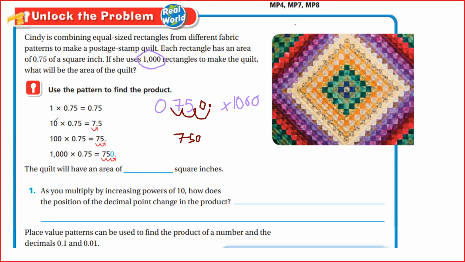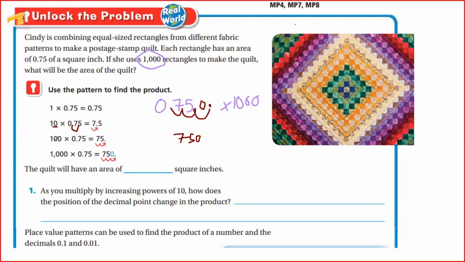If I multiply it now by 10, how many zeros do we have? 1. Bravo. Since we have one 0, I will move the decimal point 1 digit. So it's going to be 7.5.